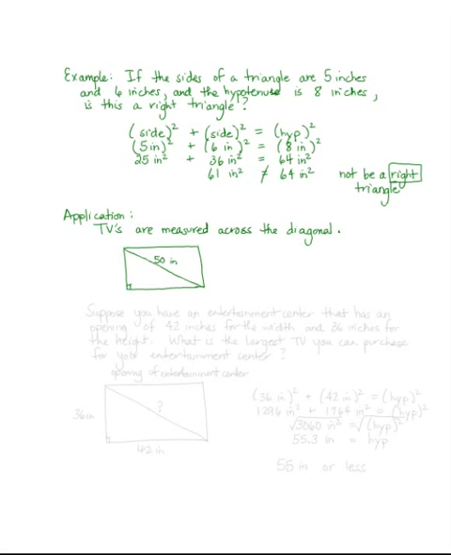Using that information, let's suppose you have an entertainment center, and this entertainment center has an opening of 42 inches for the width and 36 inches for the height.